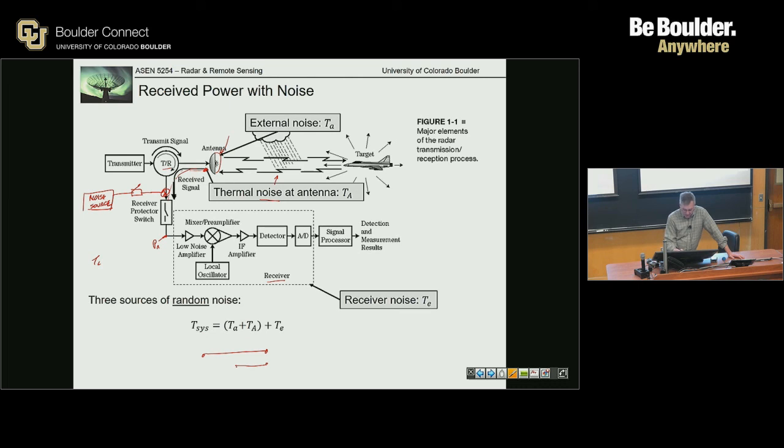And what's confusing about that is, doesn't that extra length of cable add more noise just because it exists? It is relative to the other temperatures of the system.